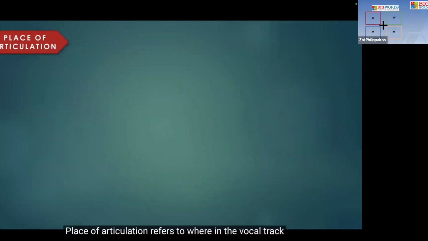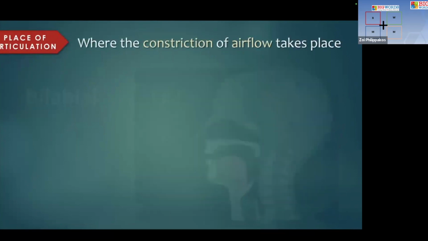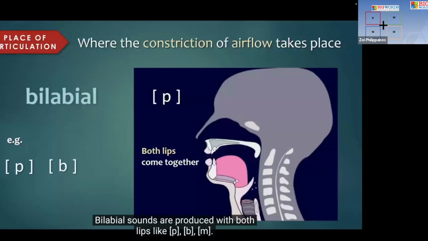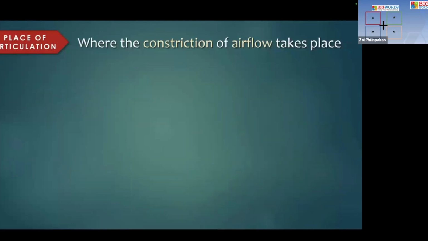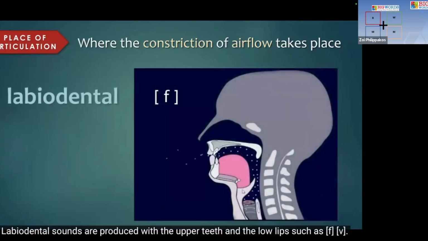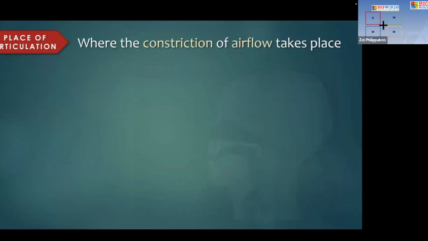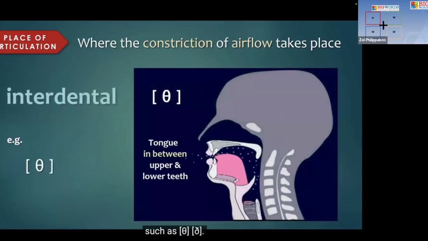Place of articulation refers to where in the vocal tract the constriction of airflow takes place. Bilabial sounds are produced with both lips, like b, m. Labiodental sounds are produced with the upper teeth and the lower lip, such as f, m. Interdental sounds are produced with the tongue in between the upper and lower teeth, such as f, z.